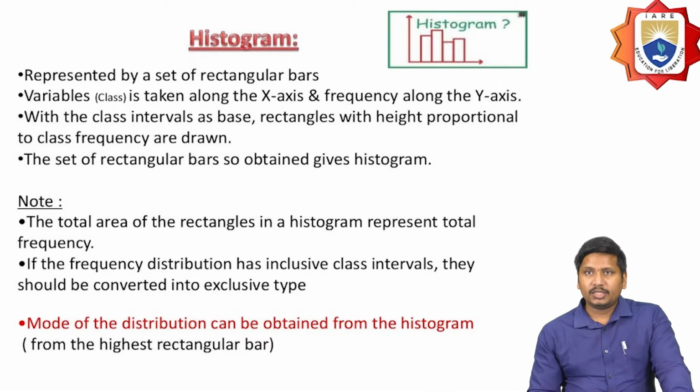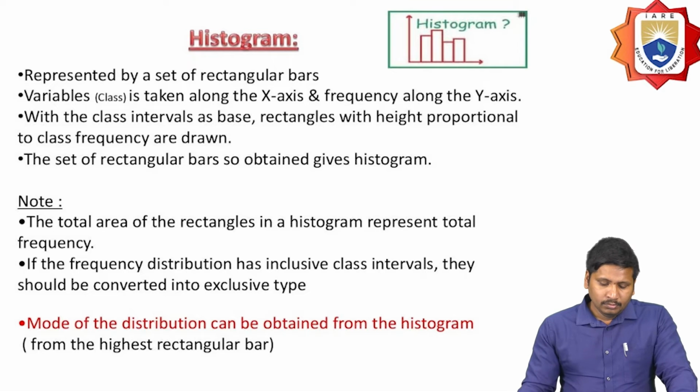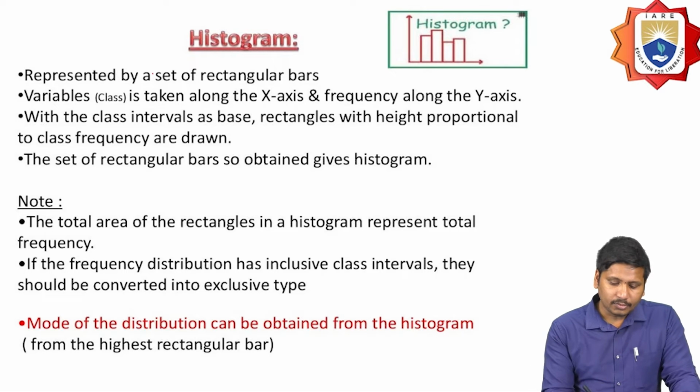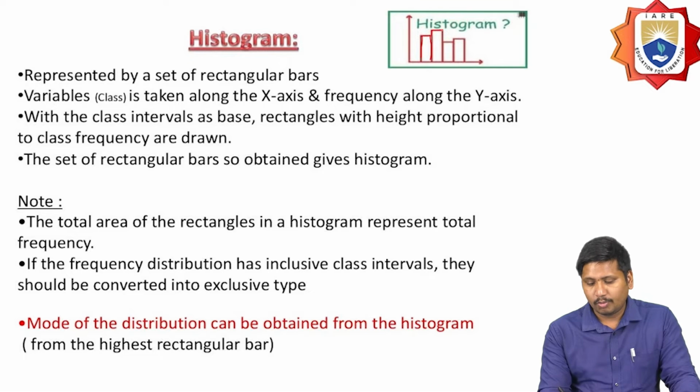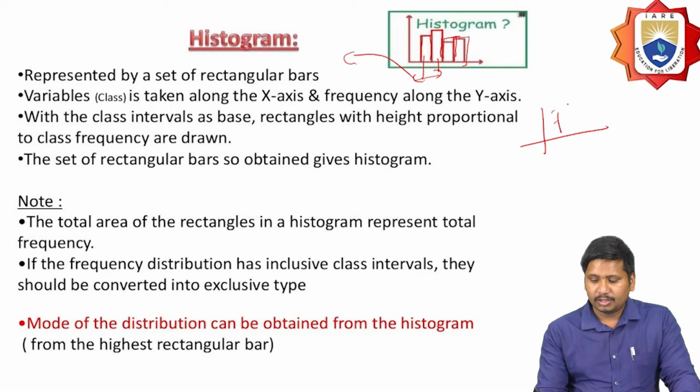The very first one is the histogram. A histogram is also like a bar chart, but we should not maintain any gaps or space between one bar and another. That is the difference between a histogram and a bar diagram.